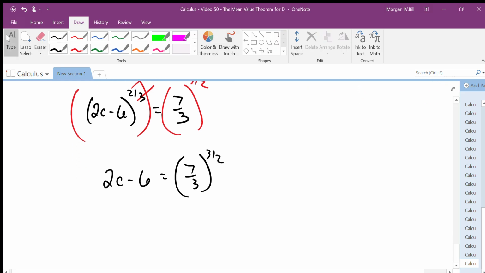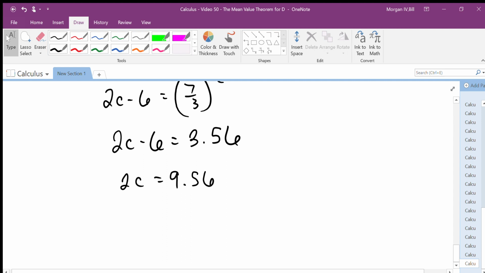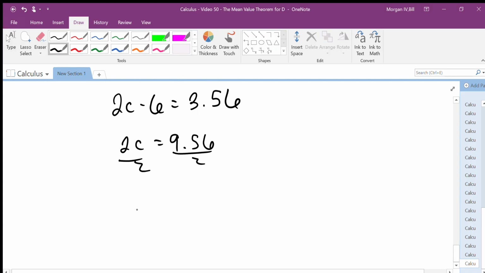So 2c minus 6 is 3.56. Let's add 6: 2c is 9.56. Divide by 2. I'm getting approximately 4.78. c is approximately 4.78.